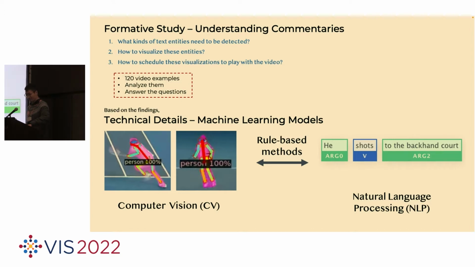Thank you very much. And another question from Slido. Can you give some examples or things that cannot be visualized with natural language processing? Yeah, so based on our formative study, we currently identify 4 categories of entities that can be visualized in the video. And there are other entities that we currently think should not be visualized in the video.